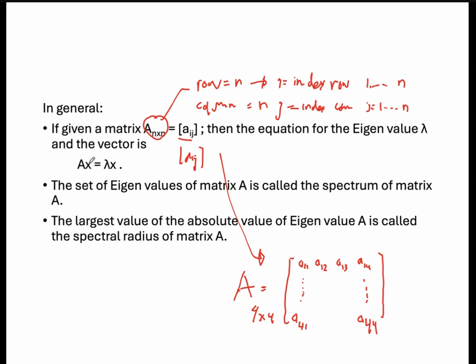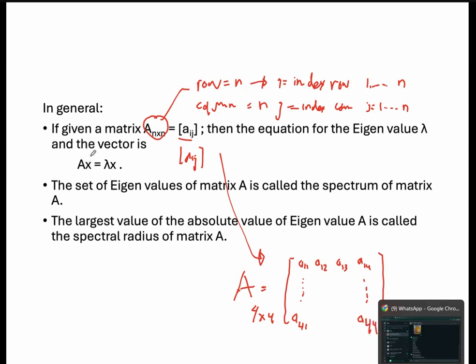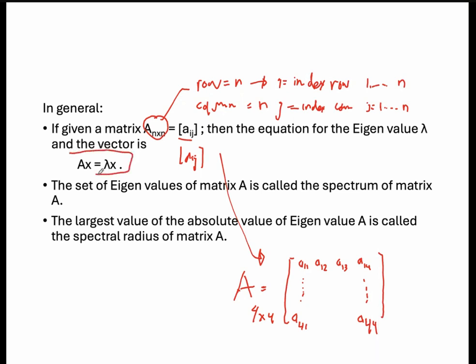Again, we can determine the eigenvalue based on this equation: matrix A multiplied with X equals eigenvalue multiplied with X. And the set of eigenvalues of matrix A is called the spectrum of matrix A. And the largest absolute value of the eigenvalues of A is called the spectral radius of matrix A.